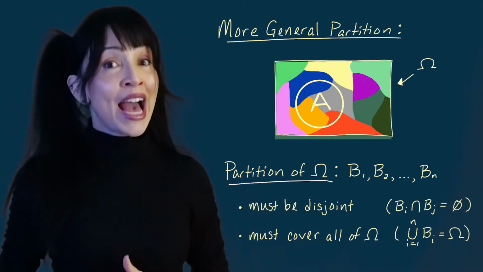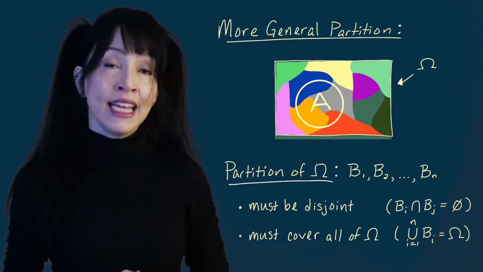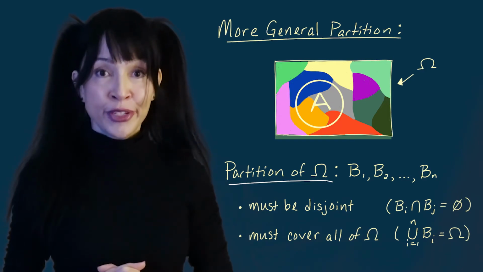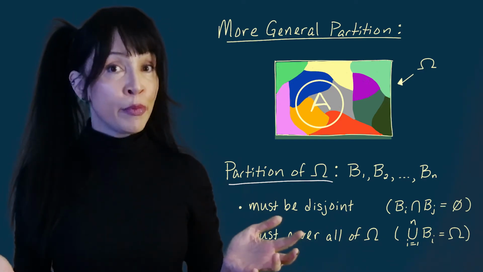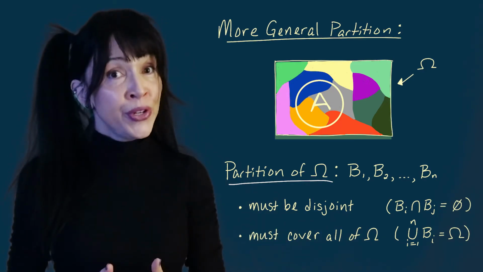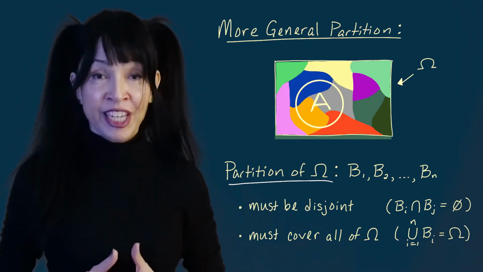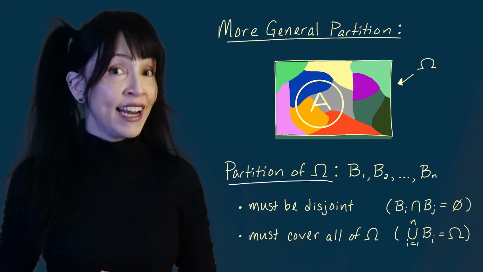But I can also add on the probability that A intersecting the green region happens, because that intersection is empty, and the probability of an empty set is 0, so throwing on some extra zeros when calculating the probability that A happens is not going to hurt anything.